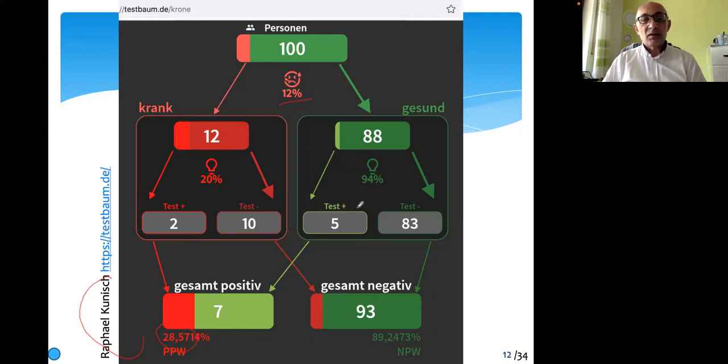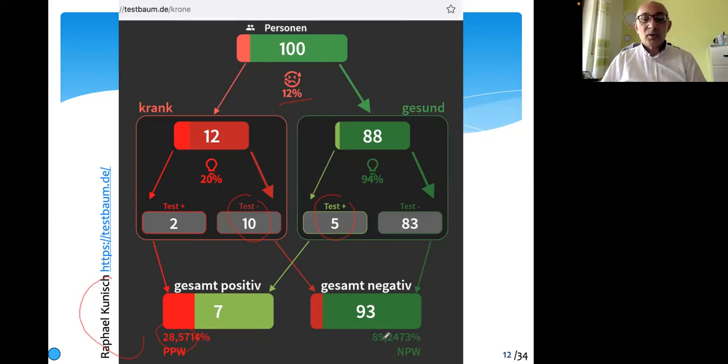However, as you see, the test has a false positive ratio of 5, whereas it also has a false negative count of 10 participants. That is also considerably high.